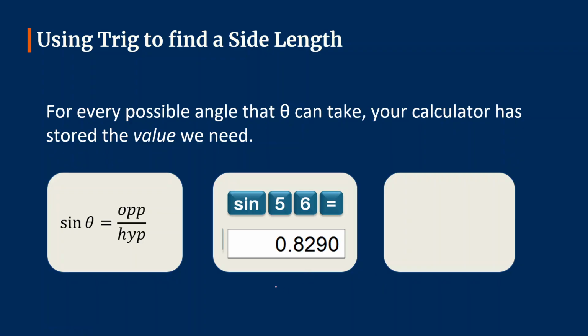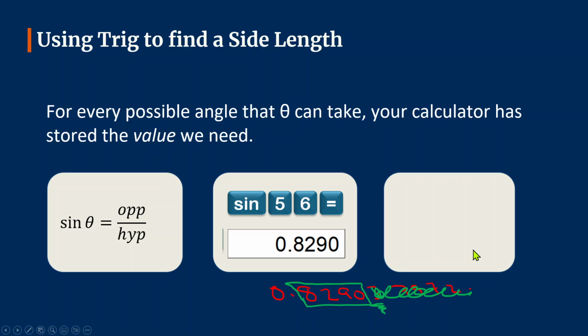Now, I know it actually gives you 0.829037572, but we have the rule in trigonometry where you keep the first 4 digits of the decimal, and the first digit I'm getting rid of is a 3, so I don't need to round up. So 0.8290. That's what sine 56 is.